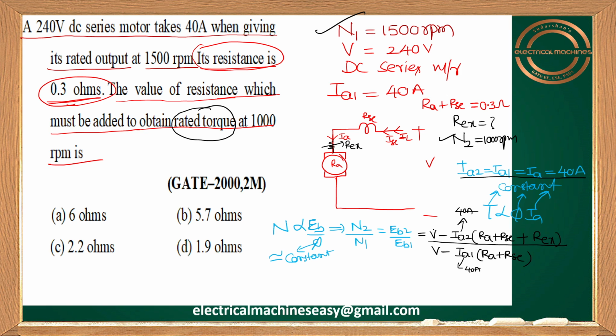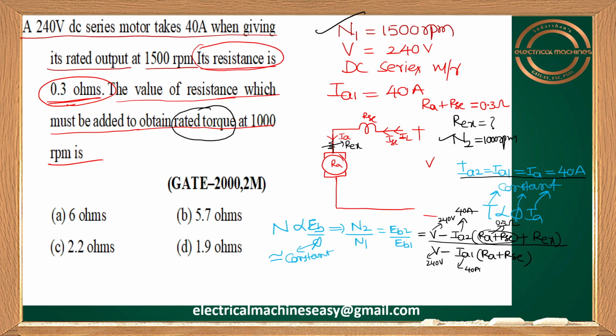So how much has he given in the question? 240 volts. He has given 240 volts here. And Ra plus Rse, how much has he given, guys? 0.3 ohm. Okay, 0.3 ohm.